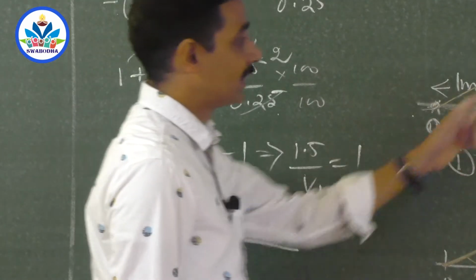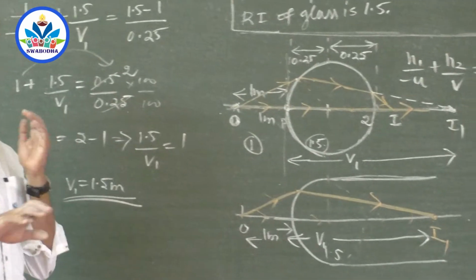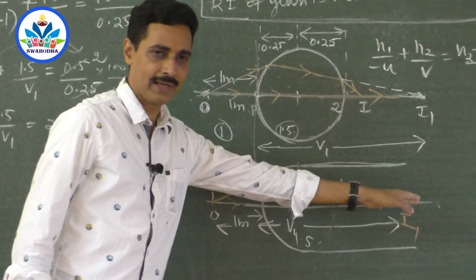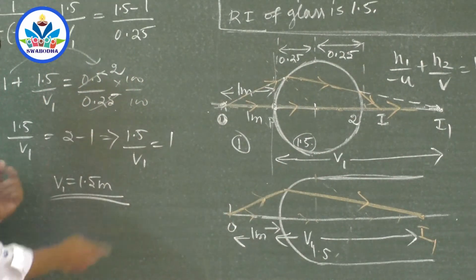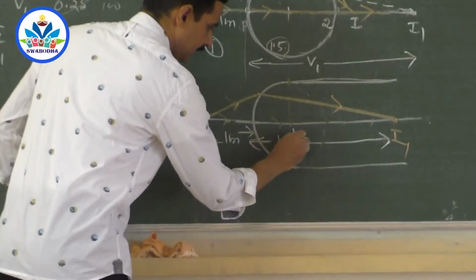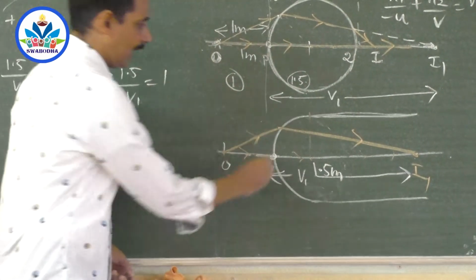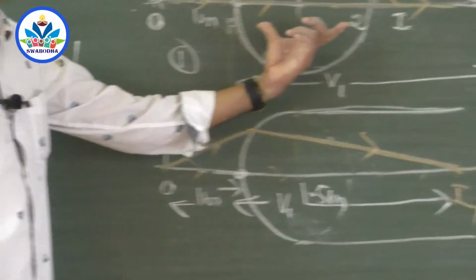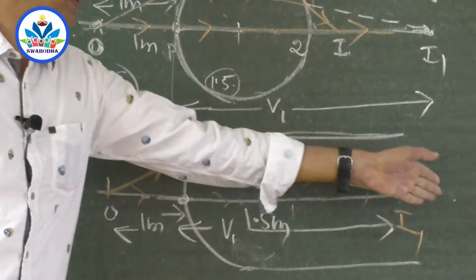That means if the second surface itself is not formed, only first surface is present, there is no air again, it is complete glass, the first surface alone would have formed the image at a distance of 1.5 meters from the pole. And that is away from 0.5, sir, here. 0.25, 0.25, 0.5. It is 1 meter still away.